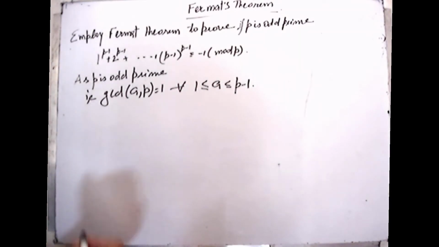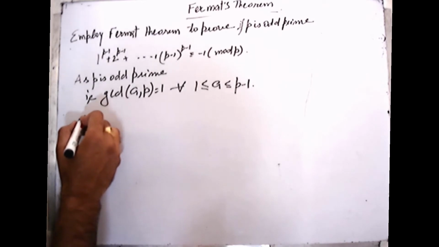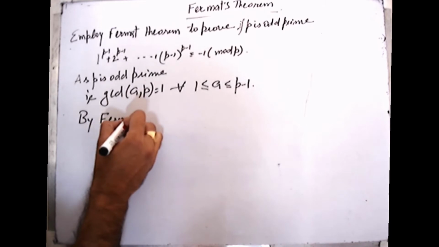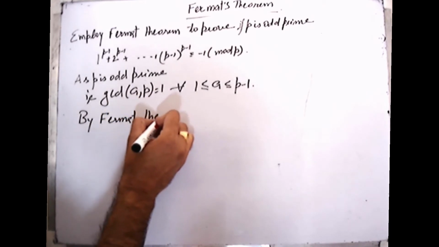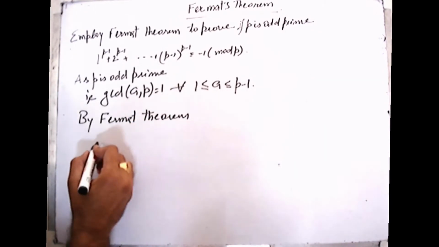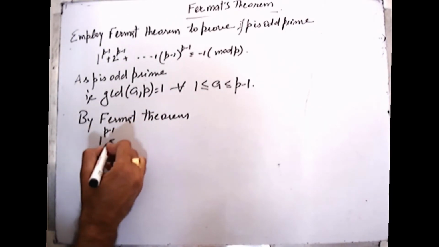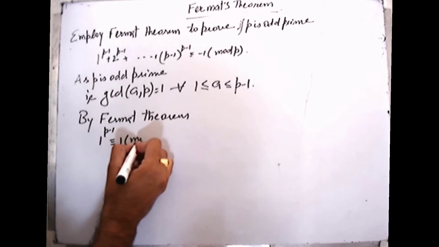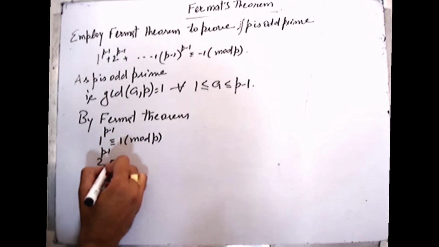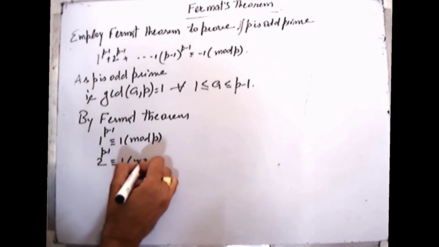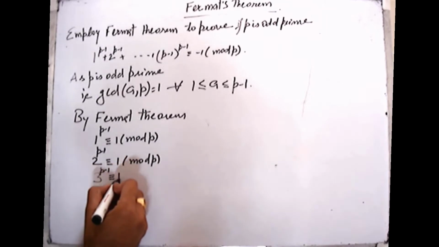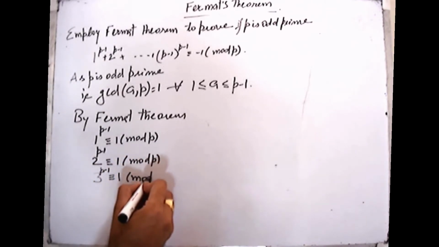So, using this and applying Fermat's theorem, first, 1 power p minus 1 is congruent to 1 mod p. Also, 2 power p minus 1 is congruent to 1 mod p. 3 power p minus 1 is congruent to 1 mod p.